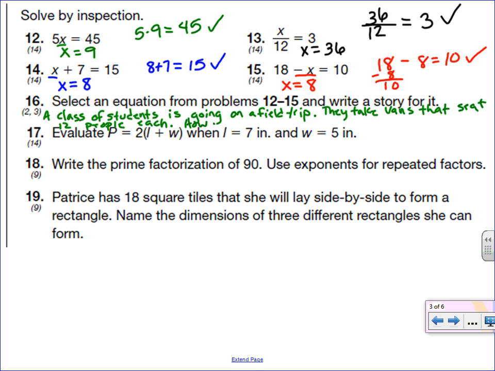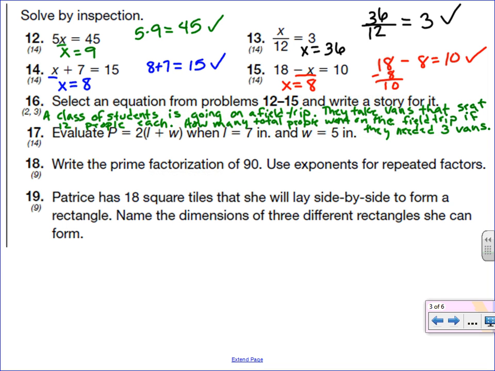How many total people went on the field trip if they needed 3 vans. So 36 people divided by 12 people per van gives us 3 vans.